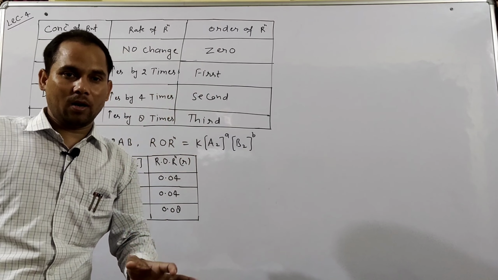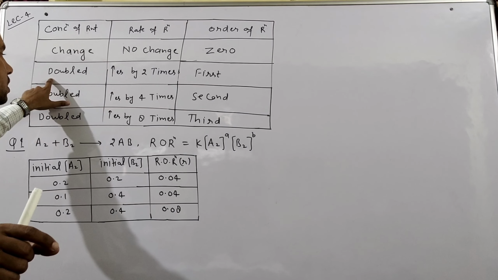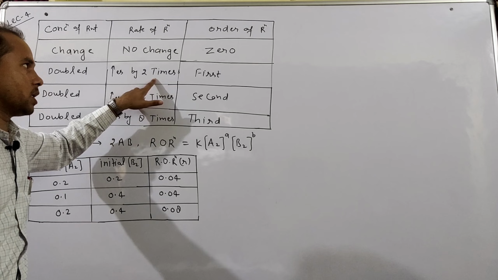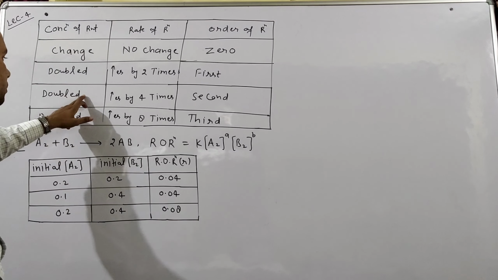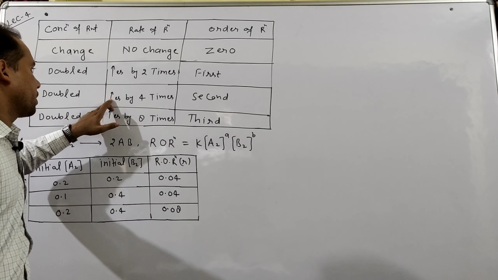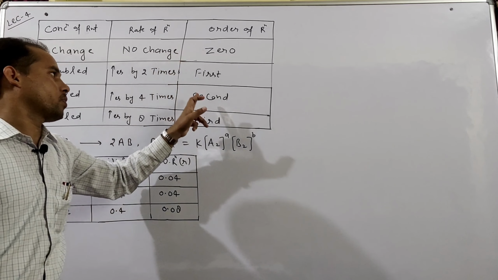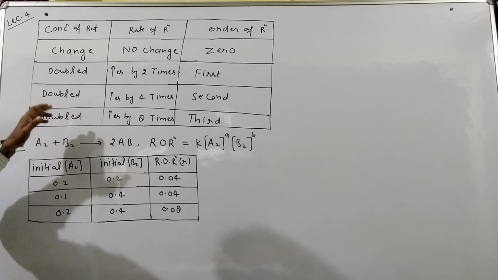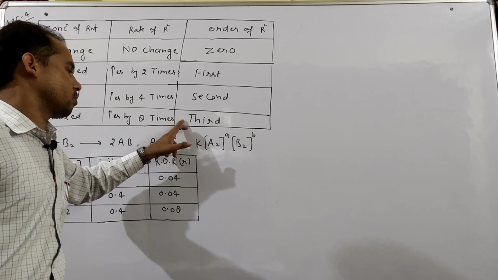If we just double the concentration of reactant and the rate of reaction increases by 2 times, then the reaction will be of first order. If we double the concentration of reactant and the rate of reaction increases by 4 times, then the order of reaction will be second order. If we double the concentration of reactant and the rate increases by 8 times, then the order of the reaction will be third order.